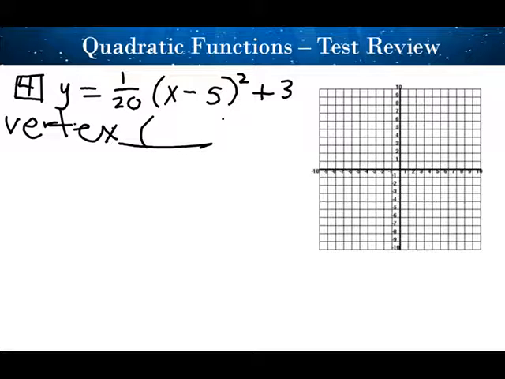The vertex is going to be 5, 3. Okay, so let's go put that over on the graph real quick. 5, 3 is about right there.